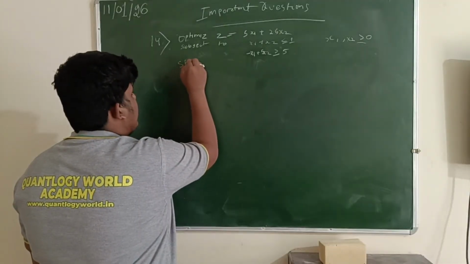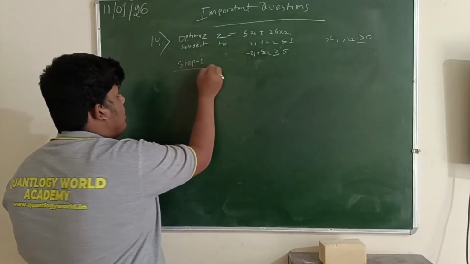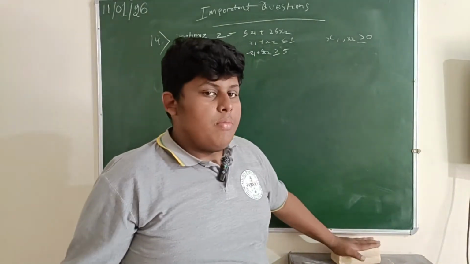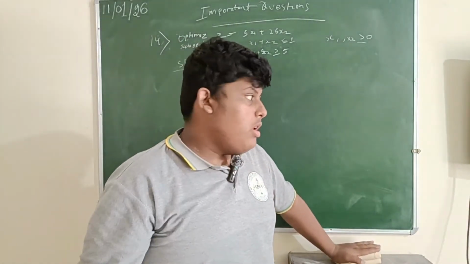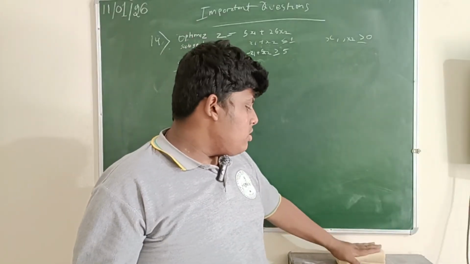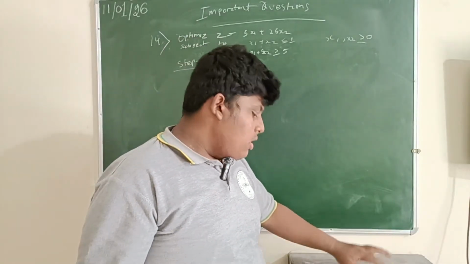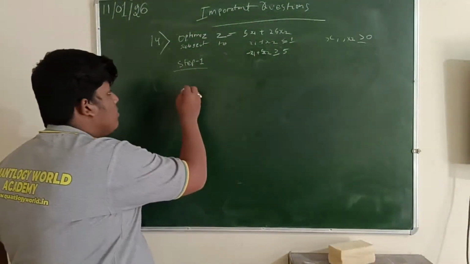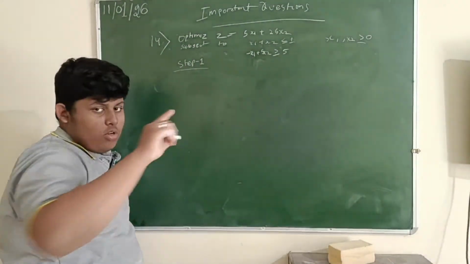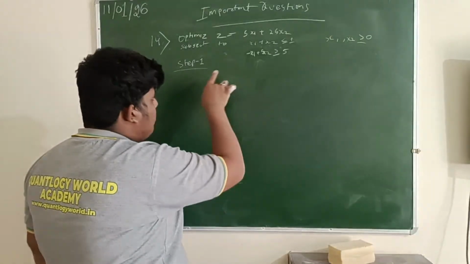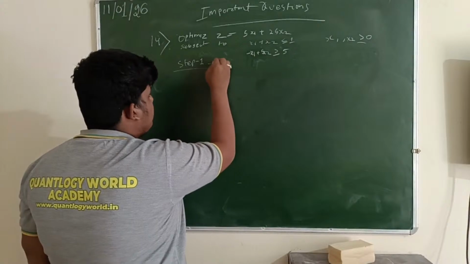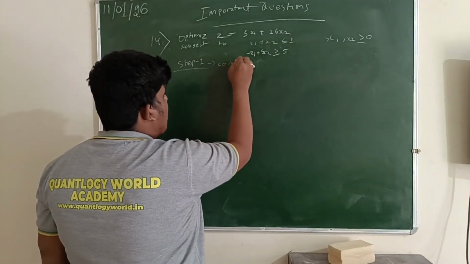First we'll write step 1. LPP questions will come as 5 mark questions because we have to draw the graph here. So LPP questions are very important questions in class 12. This carries 4 steps. First step, we'll convert inequation to equation.